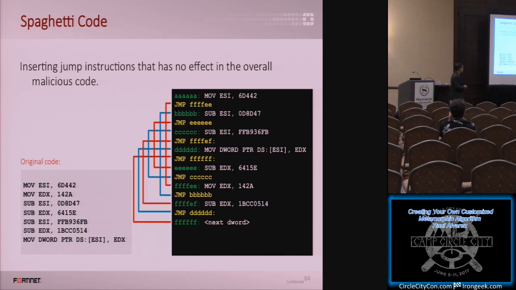It's here. mov EDX, 142A is somewhere here. But if you put jumps somewhere, going back and forth, you can rearrange these instructions and it will still generate the same 4 decrypted bytes. That is what we call spaghetti code.